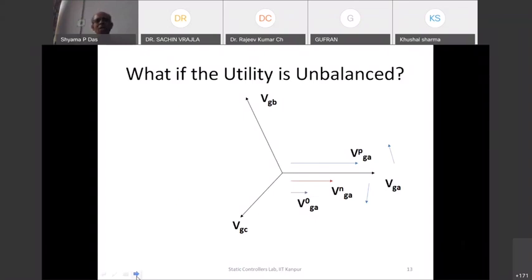It means an unbalanced grid can be decomposed into a positive sequence component, a negative sequence component, and a zero sequence component in general.